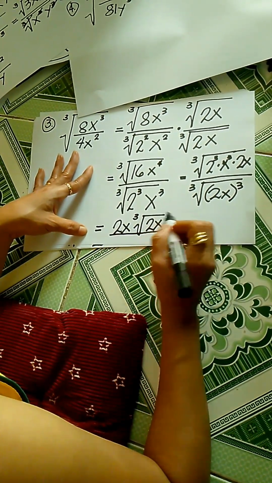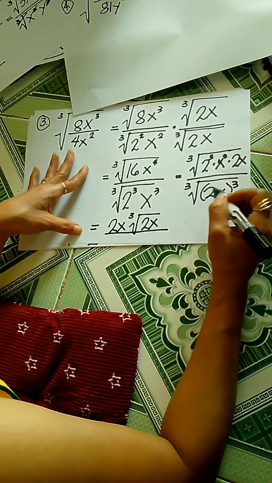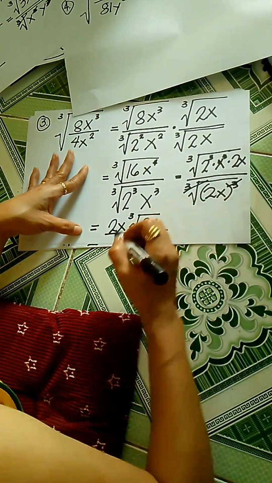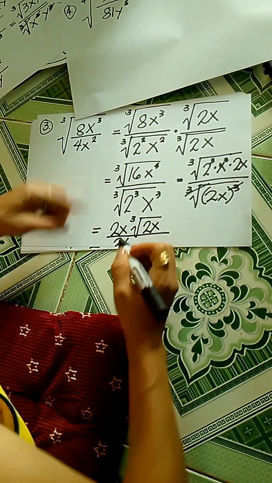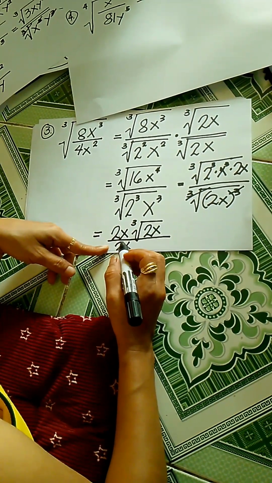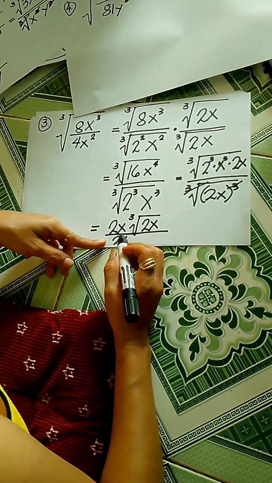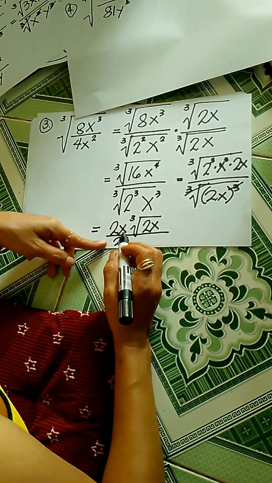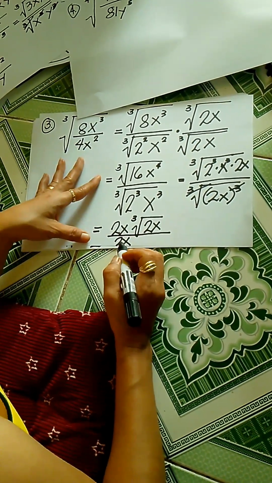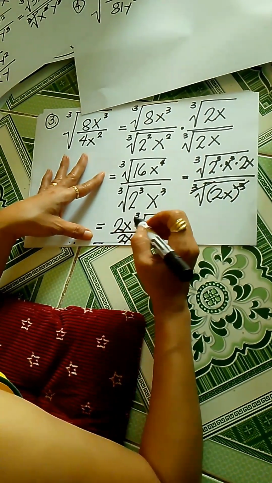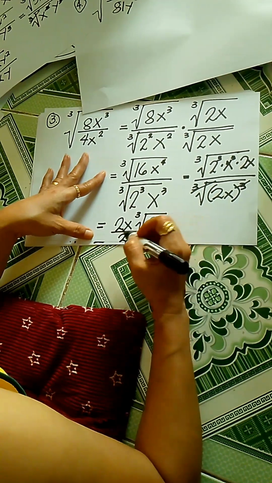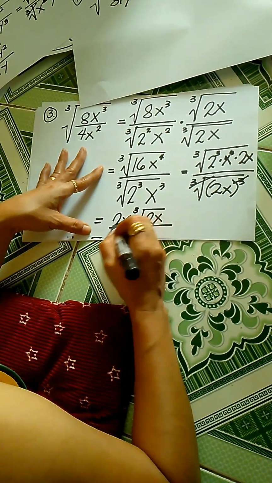Pwede na nating ilabas. Since ang 2x is not a perfect cube, isulat lang natin siya again doon sa radical symbol. And then, we can easily cancel out yan, the index and the power of the radicand. So, which is 2x. Matitira na lang ang 2x.